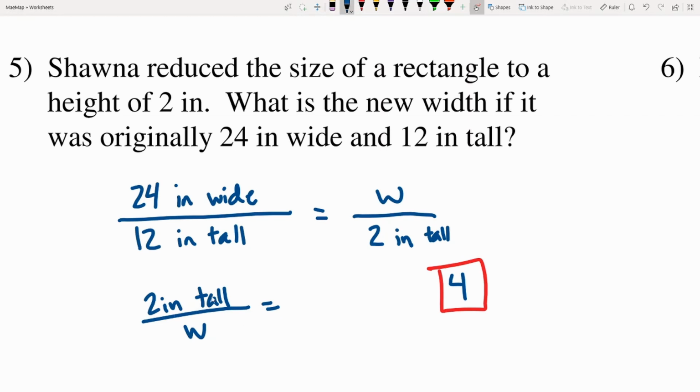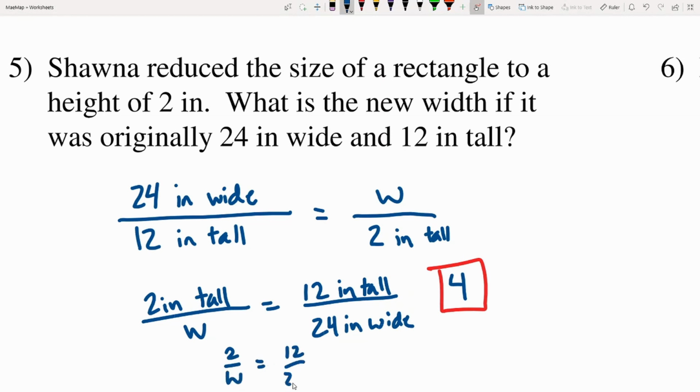So because I now have my height, or how tall the rectangle is, I need to put 12 inches tall in my numerator and that original 24 inches wide in my denominator. So right now you can see that my proportion is going to be 2 over W equals 12 over 24.